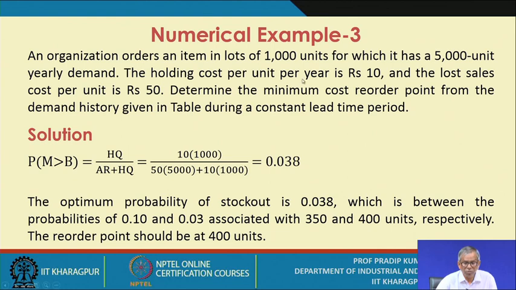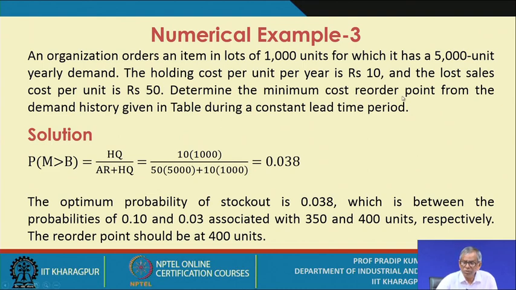The holding cost per unit per year is rupees 10, and the lost sales cost per unit is rupees 50. We are assuming that these estimates are more or less accurate. There may be some error, but this error is tolerable.